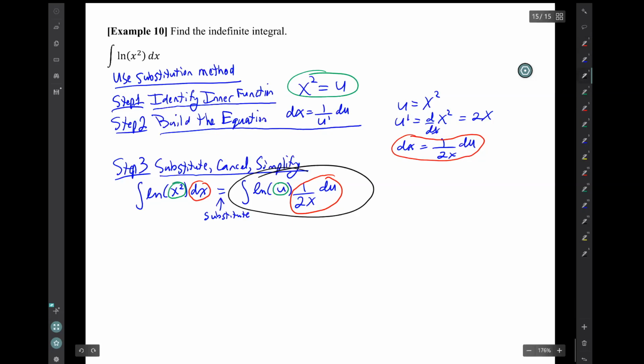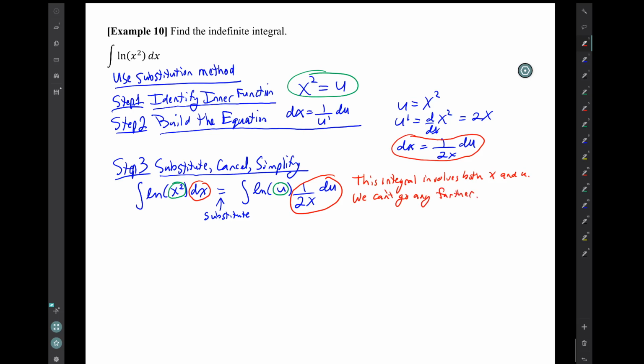We've reached this step, we haven't made any mistakes, and we've reached an integral that involves both x and u. We can't go any farther. So what do we do? Well, we have to conclude that the substitution method doesn't work for this integral.